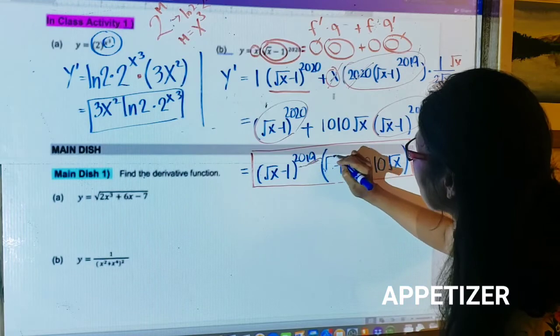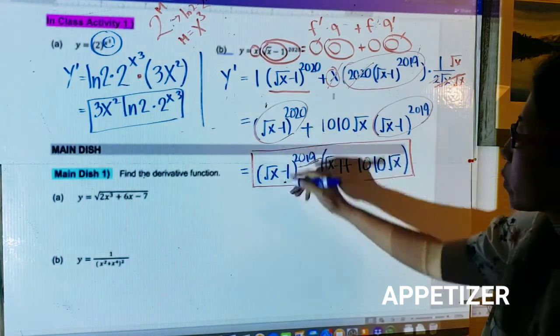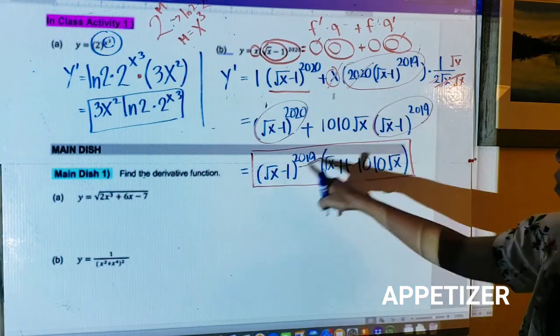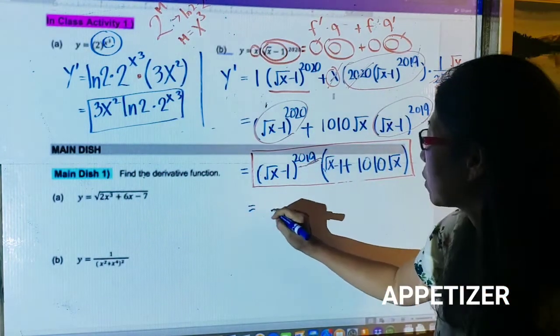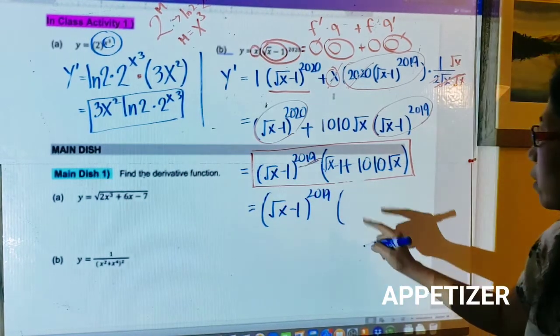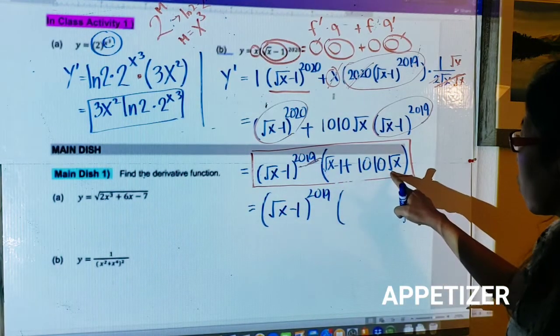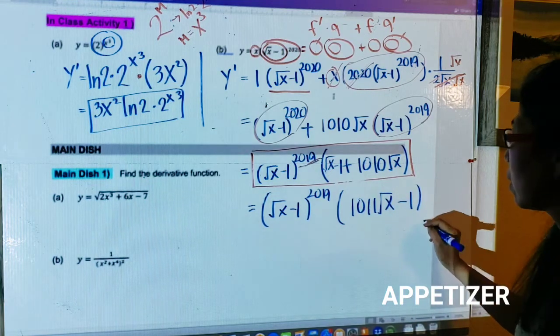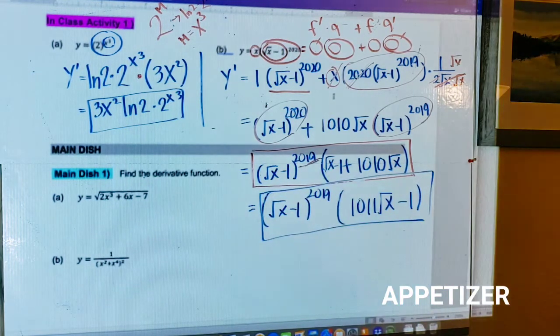Square root of x minus 1, because one of these is left, and then plus this one, all of them pulled out, so I have this one left. That means I can even simplify more. If I organize, it's going to be one more: 10, 11 square root of x minus 1. That's my answer. I don't think I can go any further.